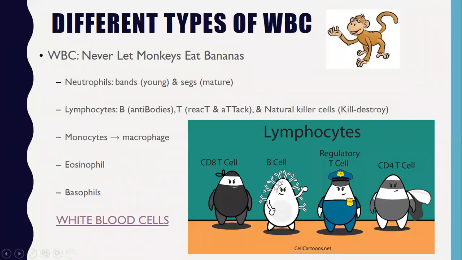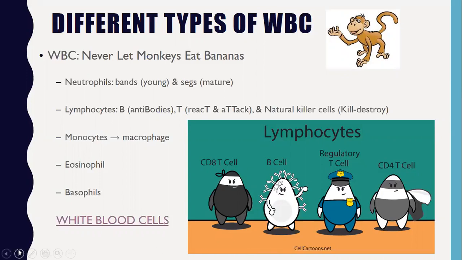I just skipped it. Okay, so remember the neutrophils typically make up about 55 to 70%. The lymphocytes then make up about 30 to 40%. And then the monocytes and eosinophils and basophils will make up the rest.